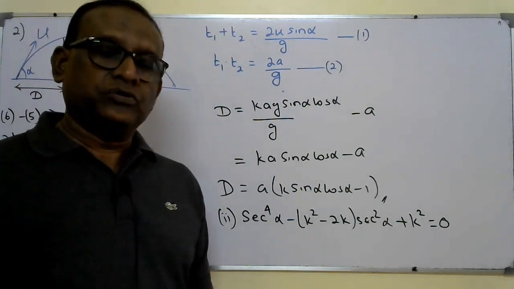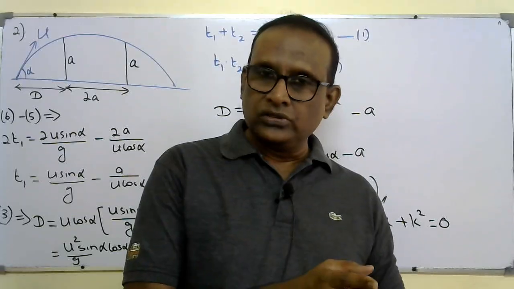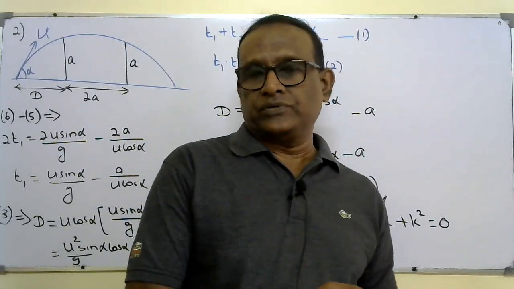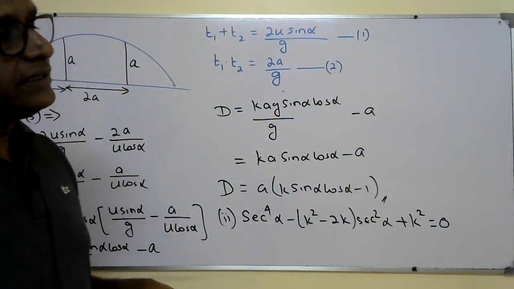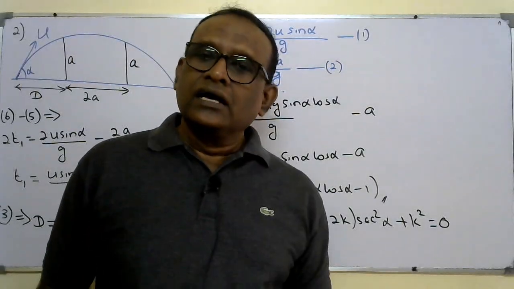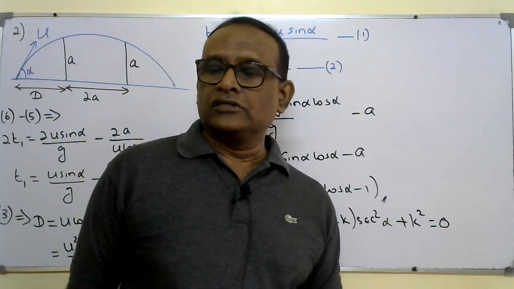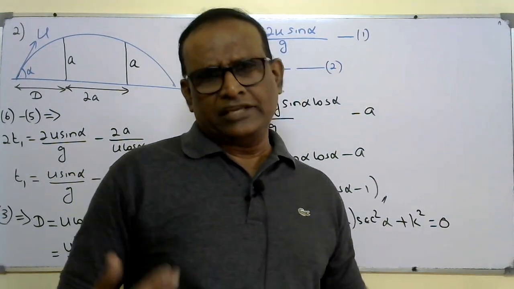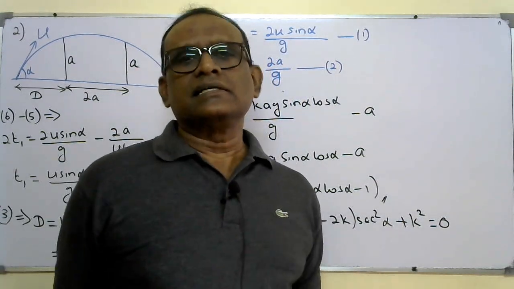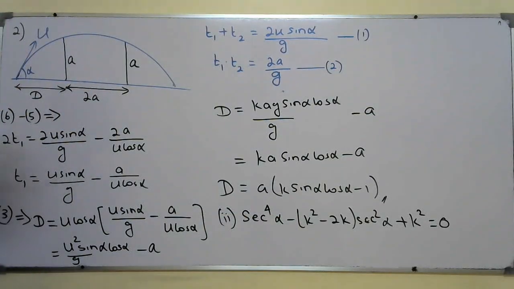Then we will have two equations. We know t1 plus t2, we can find t2 minus t1. Then t2 minus t1 all squared equals t1 plus t2 all squared minus 4 t1 t2. Substitute, you will get the second part. So we can eliminate all the unwanted things.